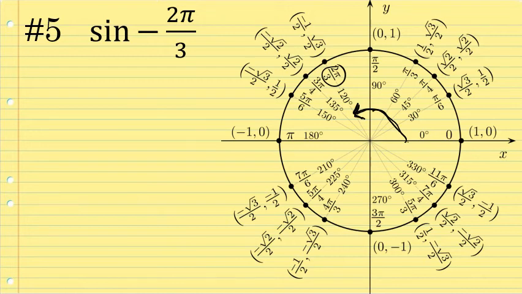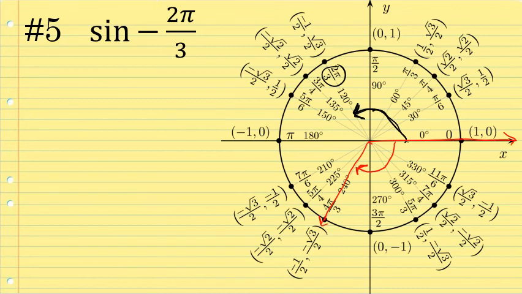Let's go that same distance down and clockwise to find -2 pi over 3. It's in standard position. We'll start at the x-axis and go down and around clockwise the same distance. The angle that I've outlined in red is -2 pi over 3.